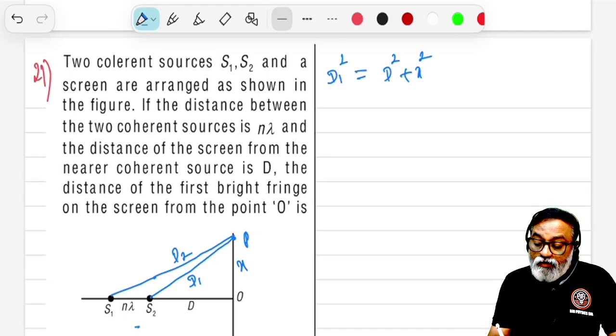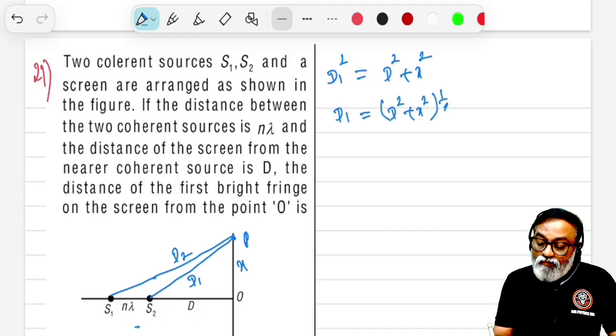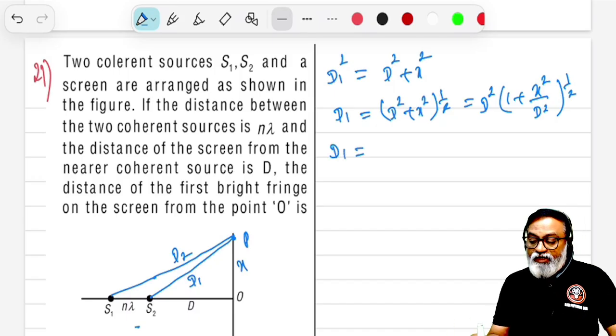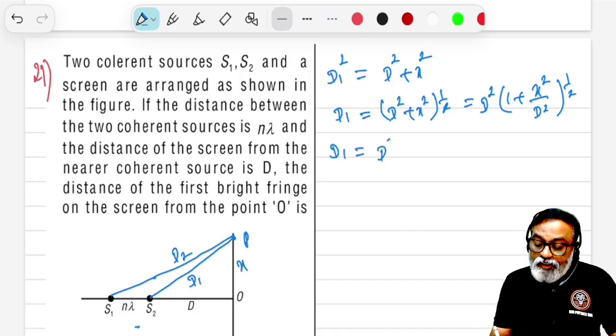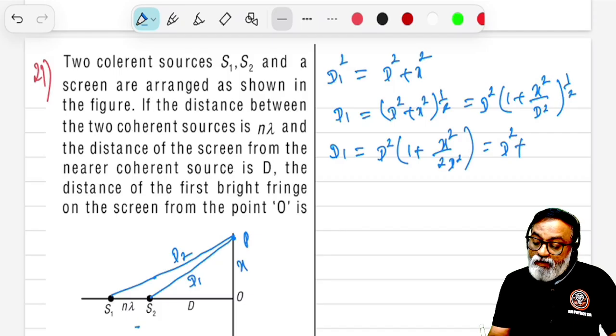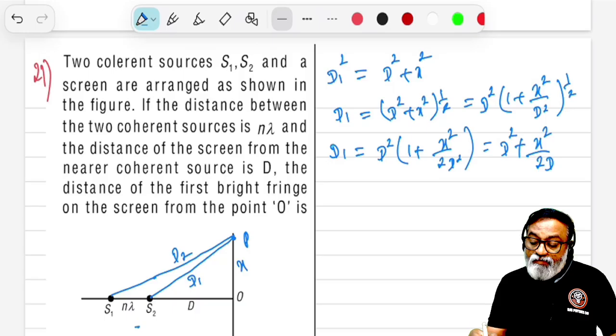Therefore, D1 is equal to D square plus X square whole to the power of 1 by 2. This becomes, I am taking D square common, 1 plus X square by D square whole to the power of 1 by 2. Here X is very much less than D. Therefore, this becomes D square 1 plus X square by 2D square. This becomes D plus X square by 2D.